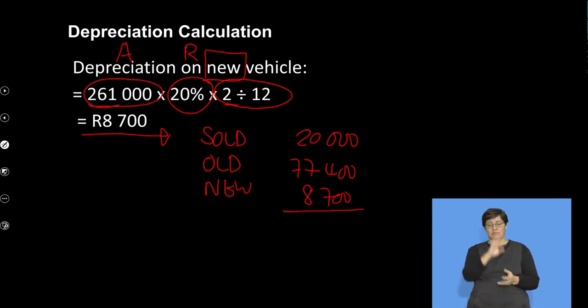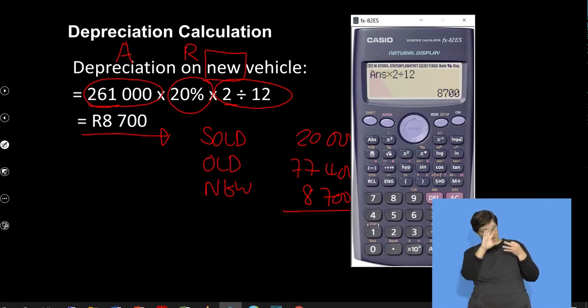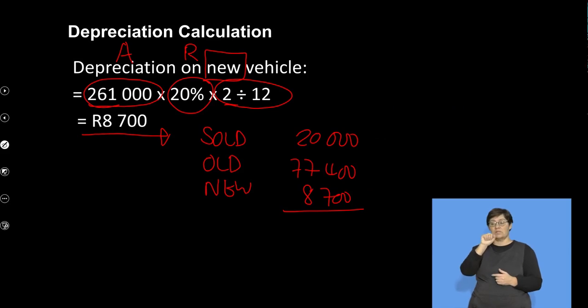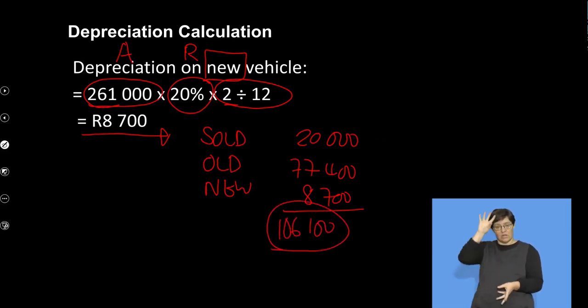So in other words, you now add all these components. What do you add? 8,700 plus 77,400 plus your 20,000, and this will then give you your total depreciation of 106,100. So this 106,100 is the total depreciation on your vehicles.